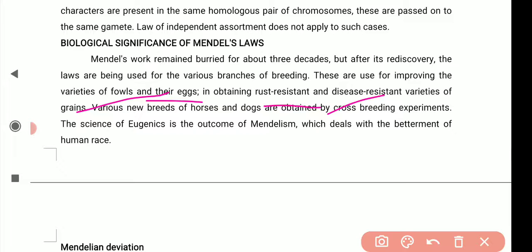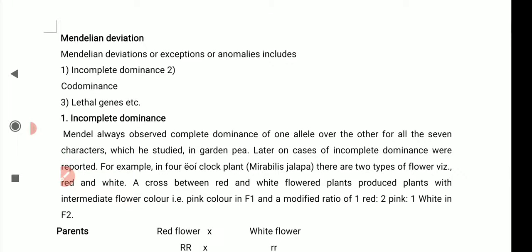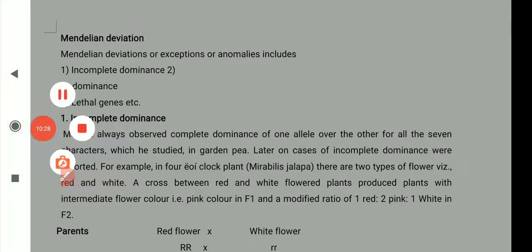That is how significant Mendel's laws are. In the human race also, no? Obviously that is not right, you should not choose, but obviously we tend to choose our partners. So there are some deviations from Mendel's laws. I'll pause this.